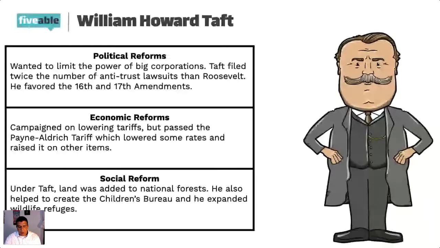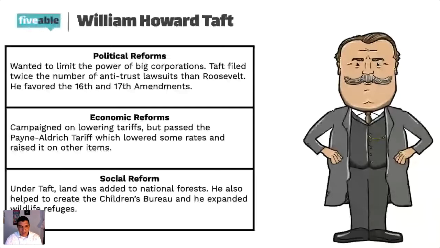Perfect. What was the name of the telegram that was sent from Germany to Mexico? The Zimmermann telegram. What year did the United States join the war? Perfect. 1917. You guys are killing it. All right.